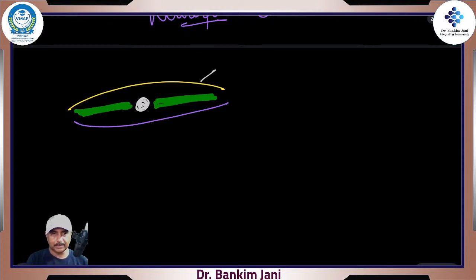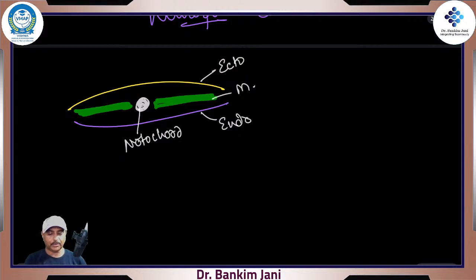So this is how we'll keep it: ecto, meso, endo, and notochord. From this point onwards, we'll not label.